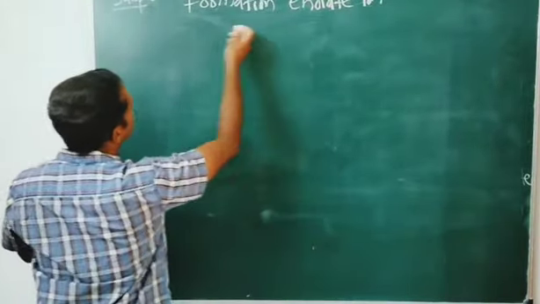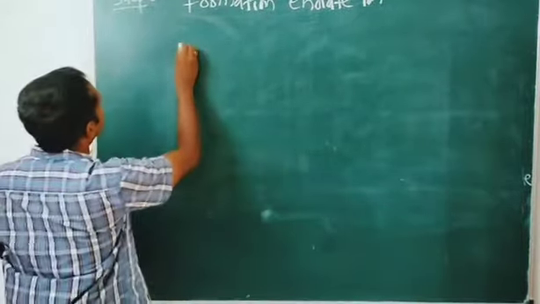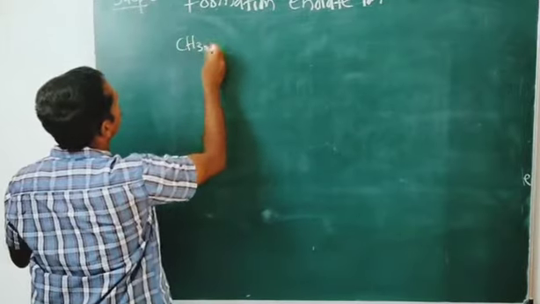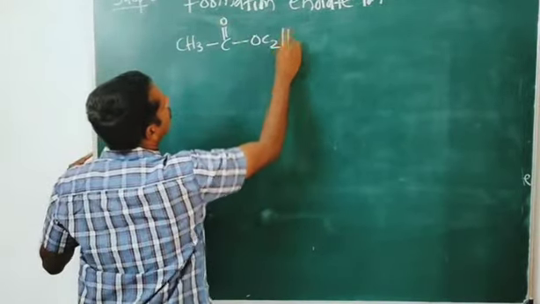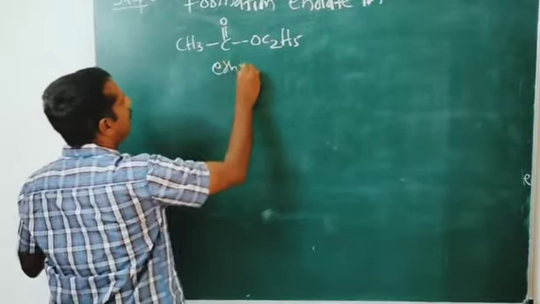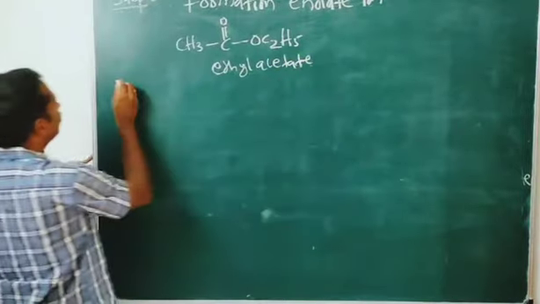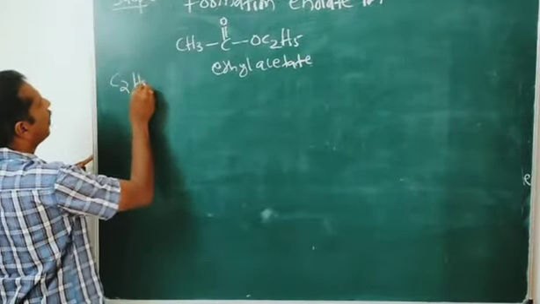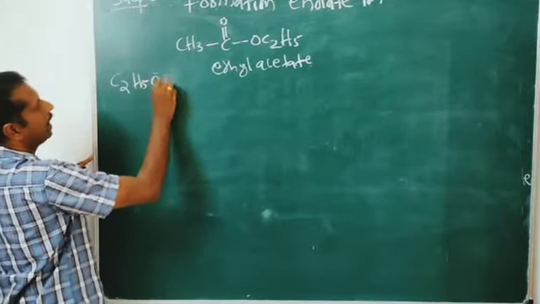Formation of enolate ion. First, we are taking the first molecule of ethyl acetate, that is CH3COOC2H5. This is the first molecule of ethyl acetate, and our base is C2H5ONa, that means C2H5O minus and Na plus.